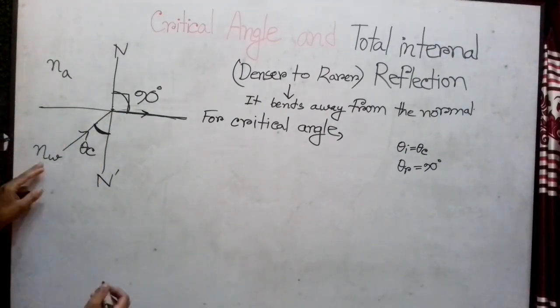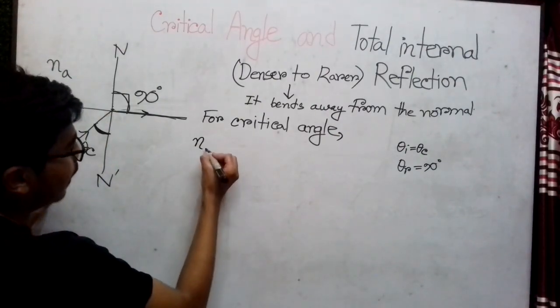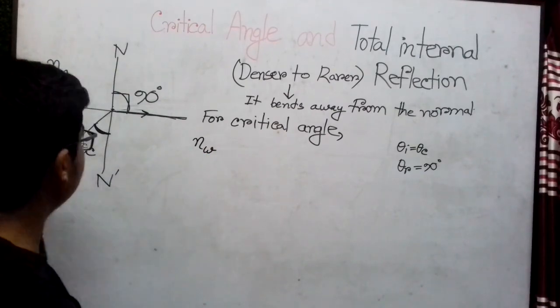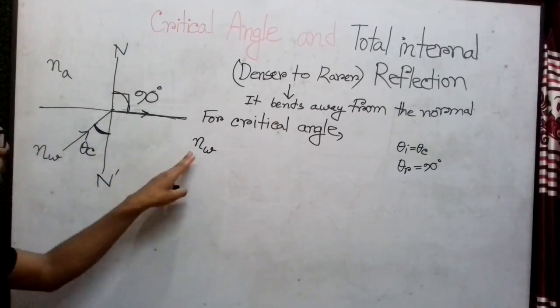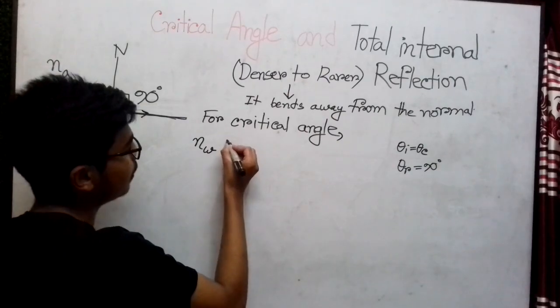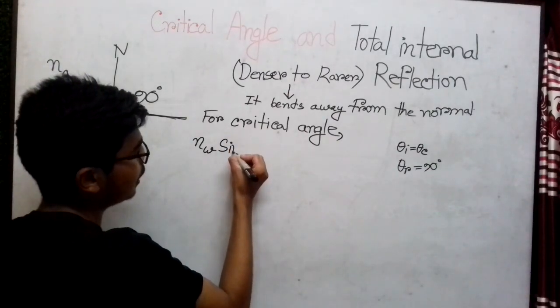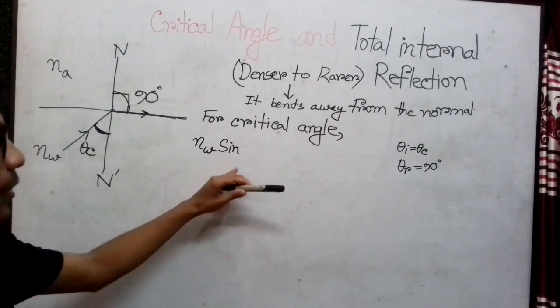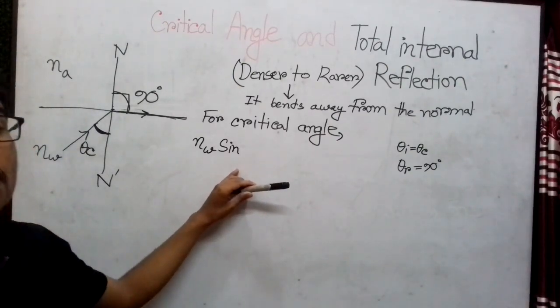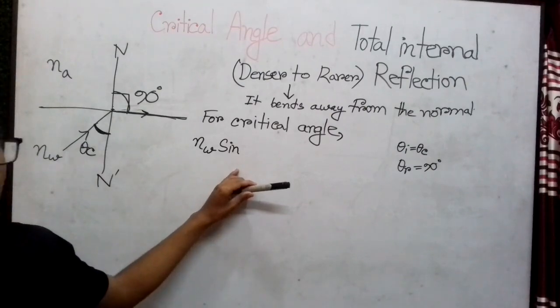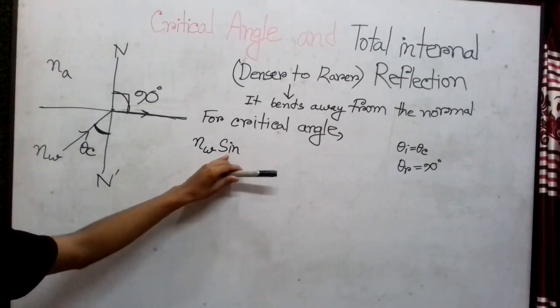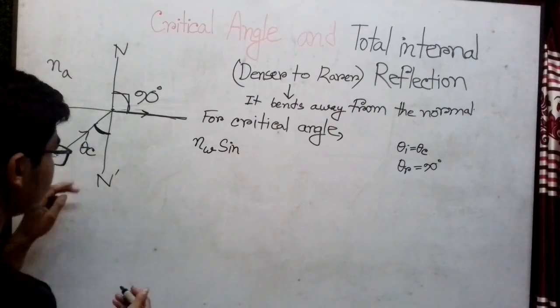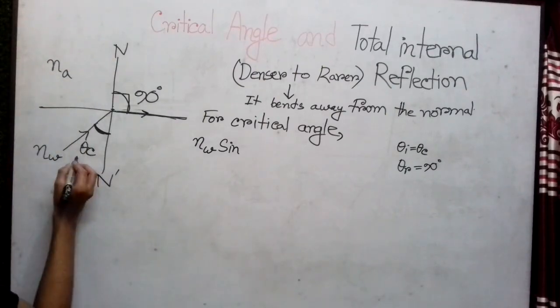So suppose here is NW, the refractive index of water, equals sine, as you have learned in trigonometric ratios, sine theta C.